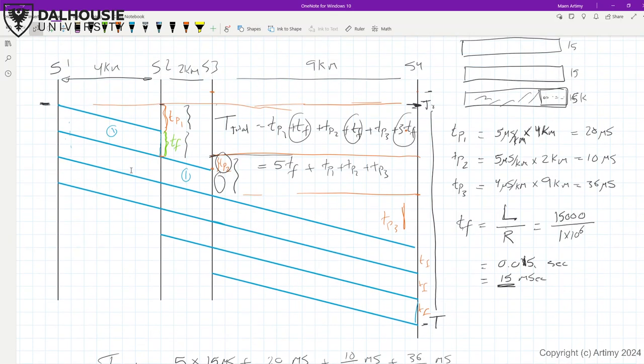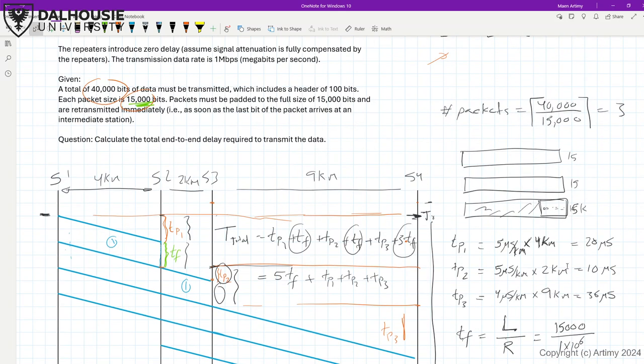I like to use the drawings here, and the drawing will explain things better, but you can also calculate things directly just by understanding that you need the whole time from here to here, which is the propagation time plus the transmission time.